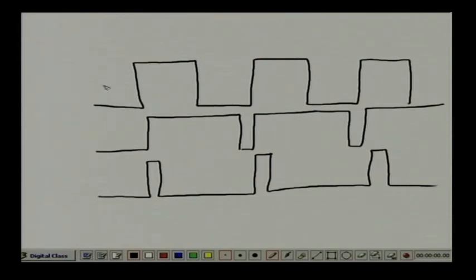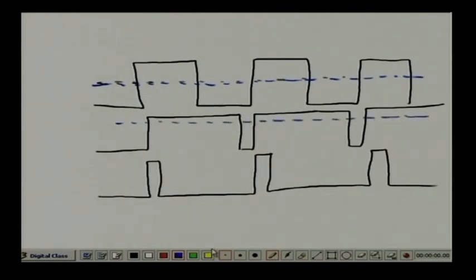In this case the average value will come down somewhere here, if I take a different pen. In this case the average value will come down here, and in this case the average value will come down here.